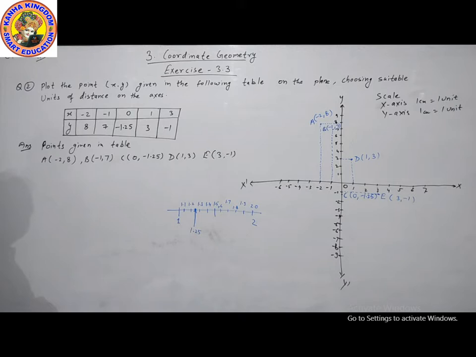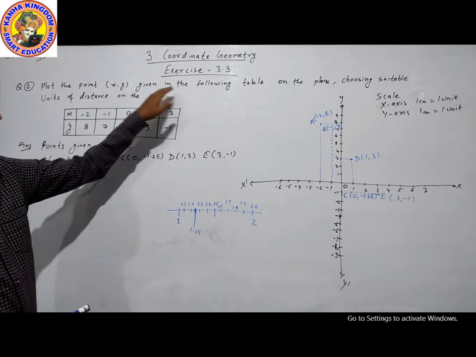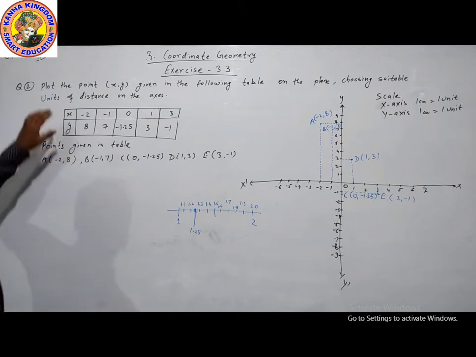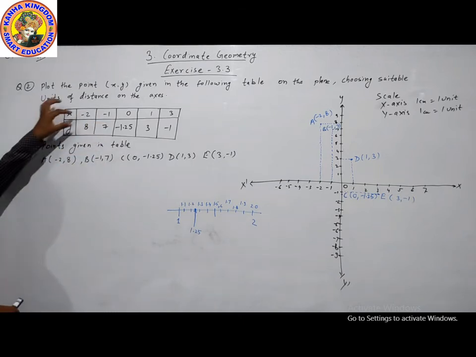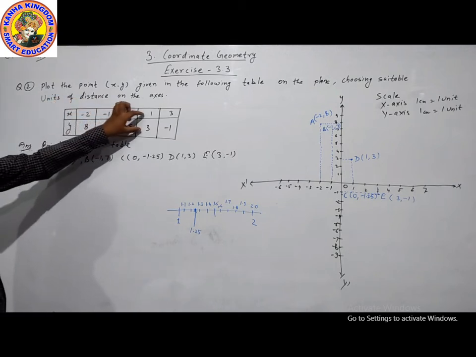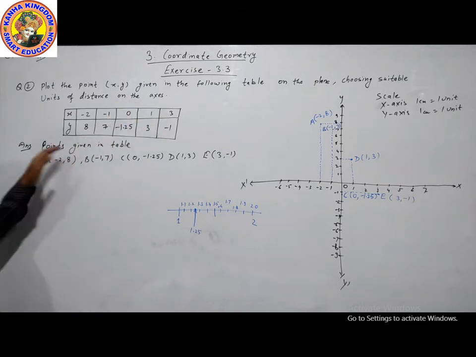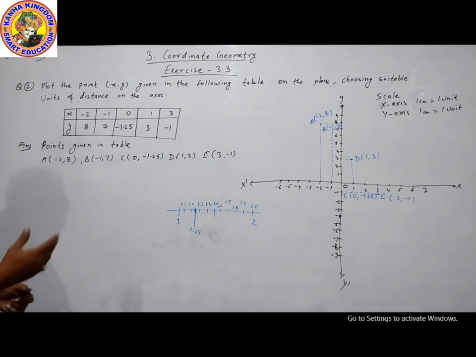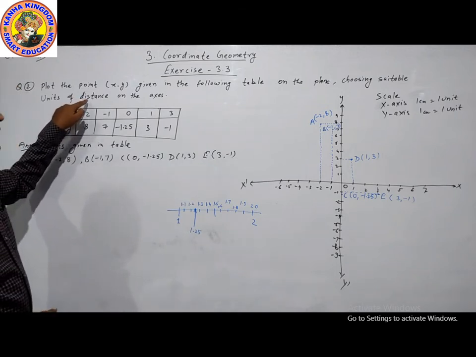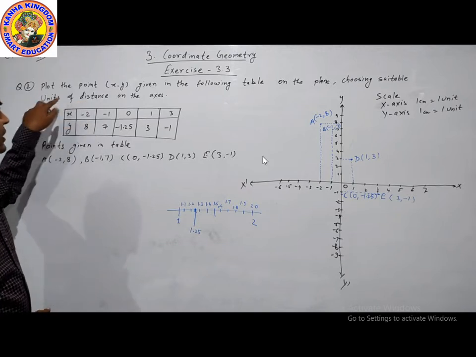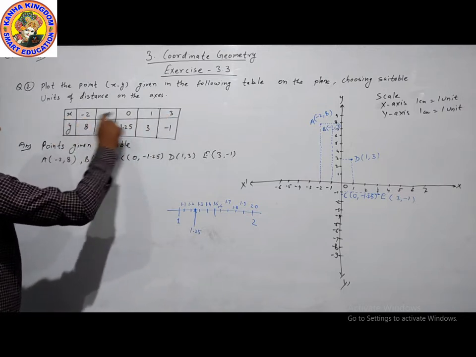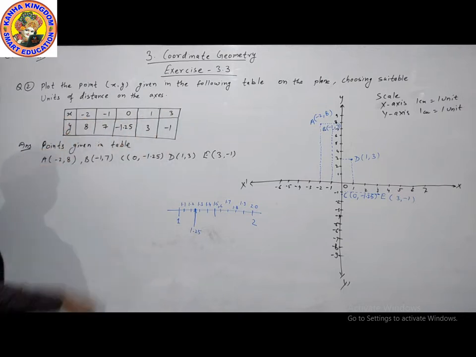Let's begin from this question. Plot the points (x, y) given in the following table on the plane, choosing suitable units of distance. Here is a table with point A, B, C, D and E. Now draw an xy plane with a suitable scale. The highest x value is 3 and the highest y value is 8.